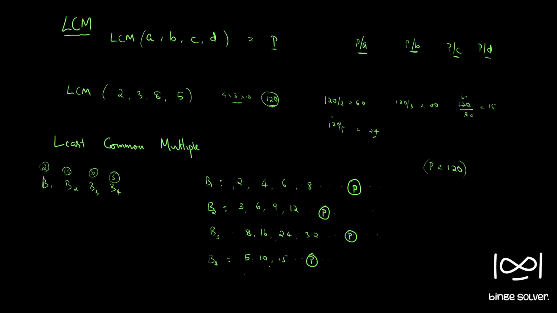So whenever we want to find the smallest number that comes in rows like this, we will look for the LCM of these numbers. There will not be a smaller number than 120 which appears common in all these rows. At the 120th second, all of B1, B2, B3 and B4 ring together.